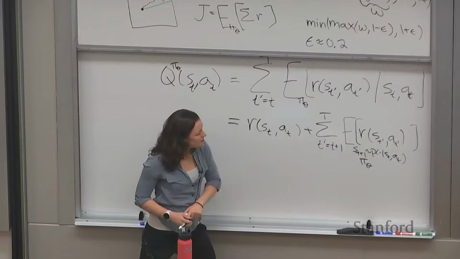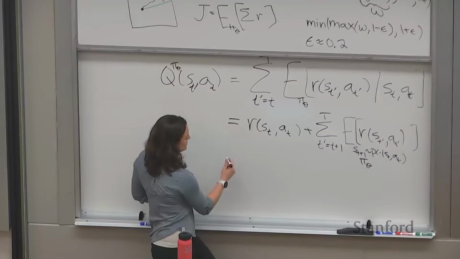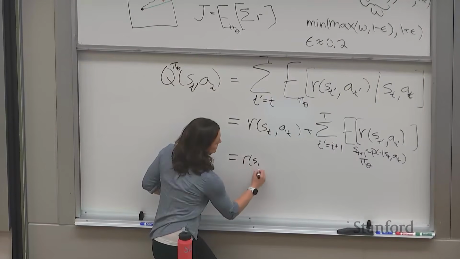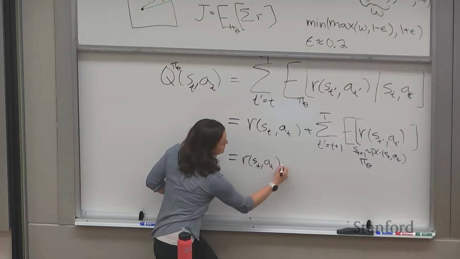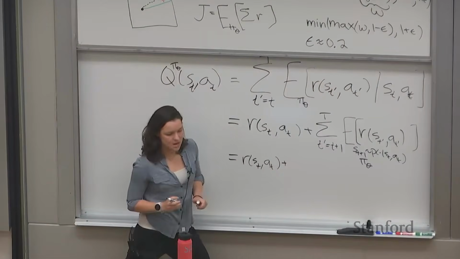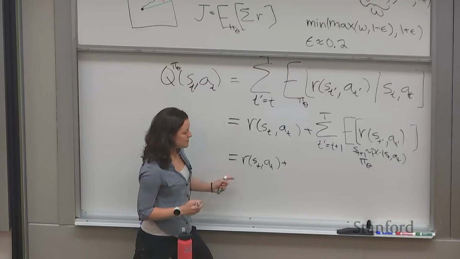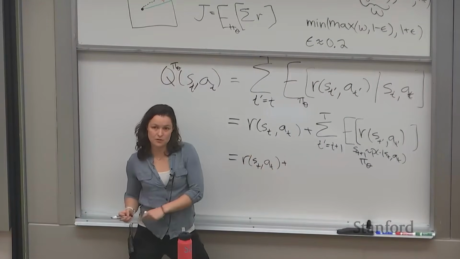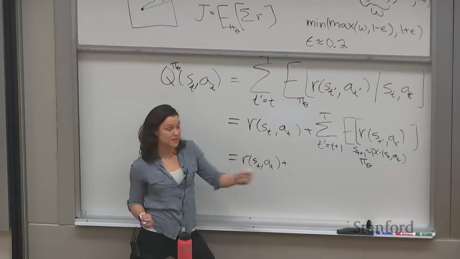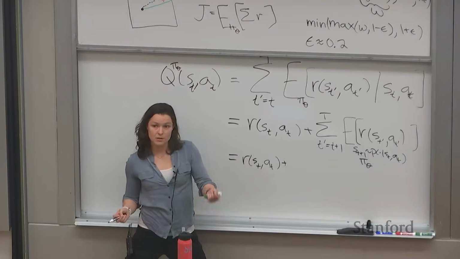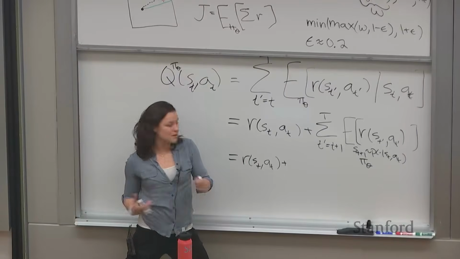In particular, this is equivalent to the reward at the current time step plus, if we take this one step further, S_t plus 1 sampled from the dynamics and A_t plus 1 sampled from our policy.